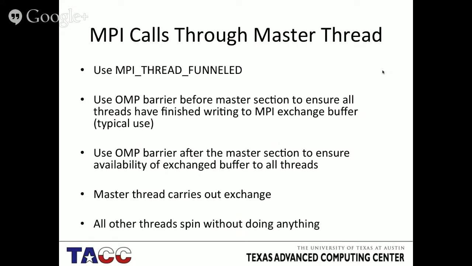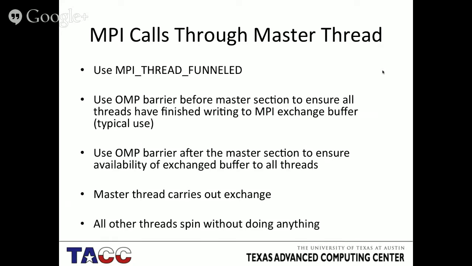Now, if you're going to do calls just through the master thread, which would be my recommendation, you can use MPI_THREAD_FUNNELED. All this is saying is, look, every time I'm going to make an MPI call, I'm only going to make it from the master thread. All the other threads don't exist. So what it's telling MPI is, I'm going to have some OpenMP sections in my code.